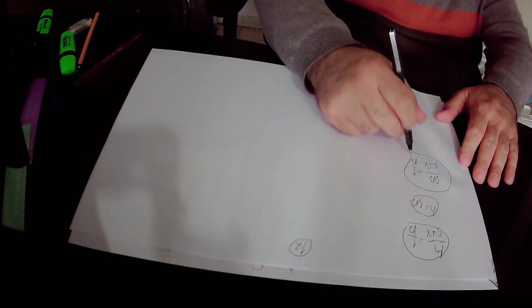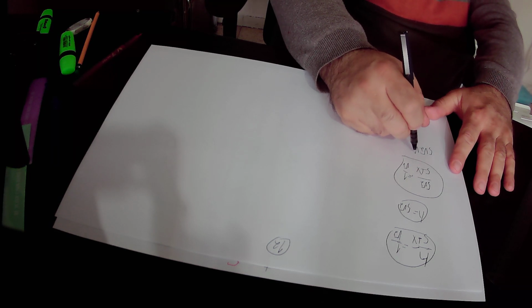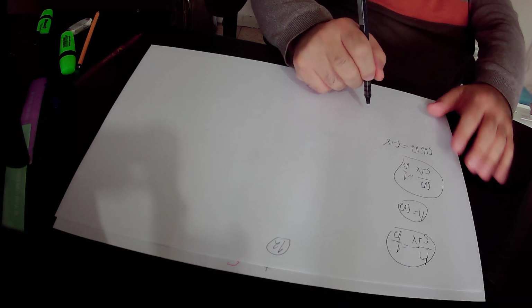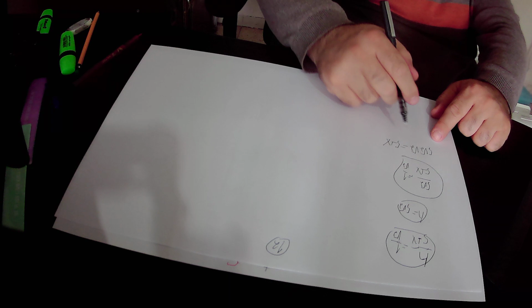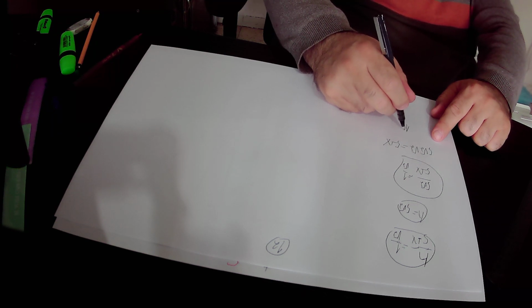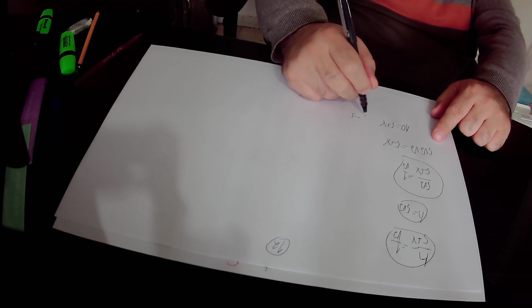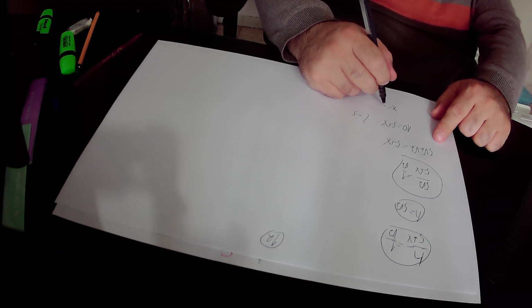Here we cross multiply this equation and we get that 5 times square root of 2 times square root of 2 equals 5 plus x. And square root of 2 times square root of 2 is 2, and 2 times 5 is 10. So we found out that 10 equals 5 plus x. We subtract 5 and we get that x equals 10 minus 5, which is 5.